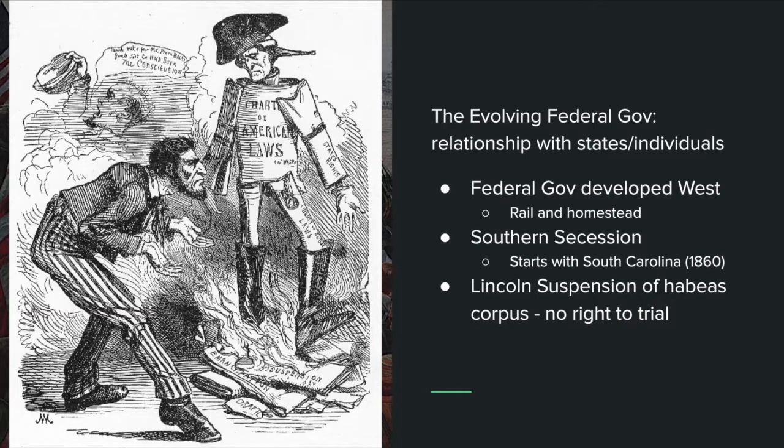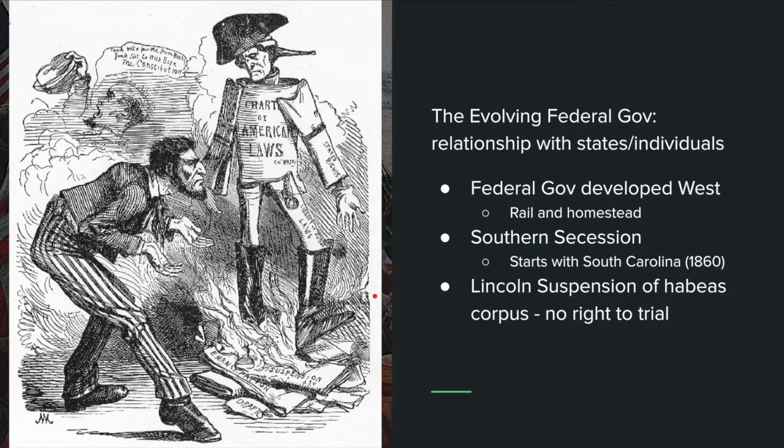As far as individuals go, during the war, Lincoln is going to suspend habeas corpus, which basically means that you don't have a right to a trial anymore, okay? Now, he does this to get rid of spies and things like that in the North. That's the idea. It's wartime, so we need to tighten up the hatches, so to speak, and we need to make sure that there are no spies in the North, okay?